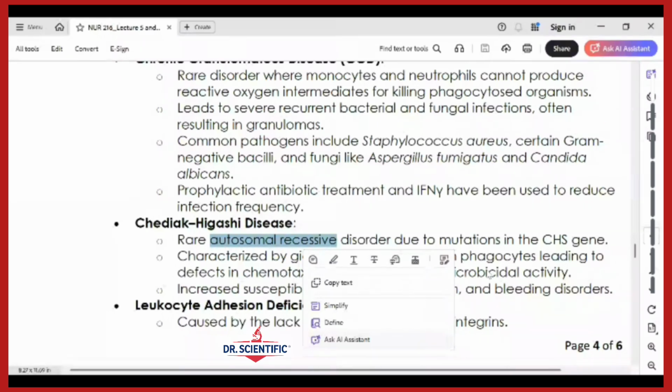So what do you mean by a recessive condition? You either have a recessive condition or a dominant one. What do you mean by recessive? A recessive condition is one that only expresses itself when it's in a homozygous state.